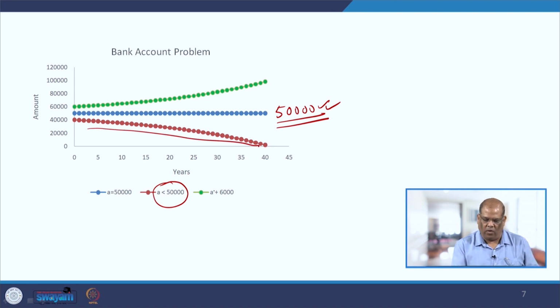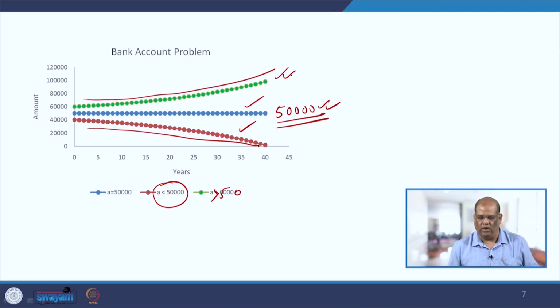And if it is greater than 50,000, then your amount will increase and it becomes an unbounded solution. So, basically these two solutions are needed for a real life scenario. If it is more than 50,000, your money will keep growing till there is any change in the rate of interest or in the initial amount.